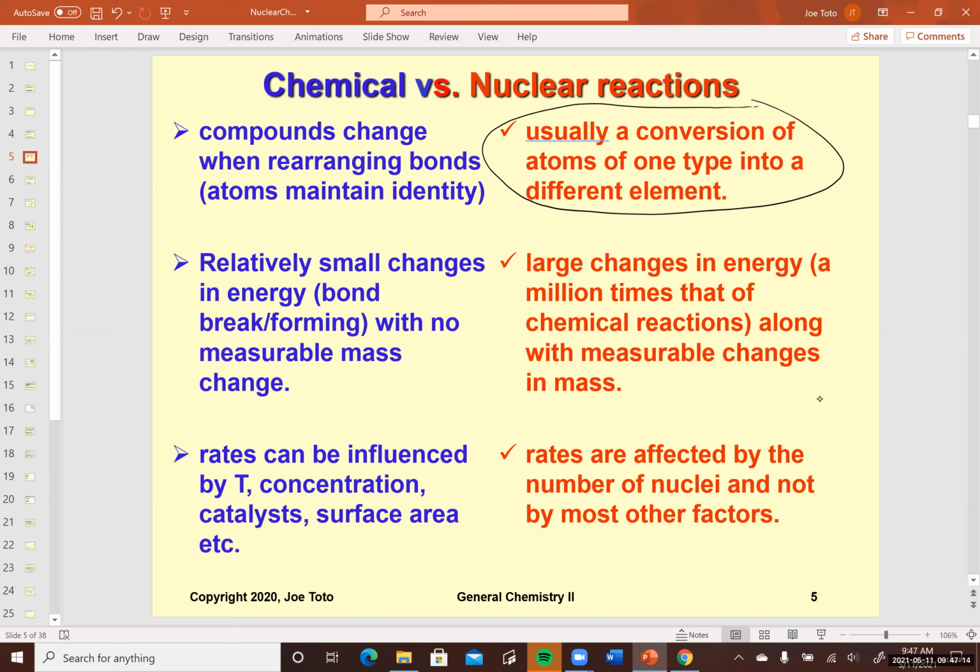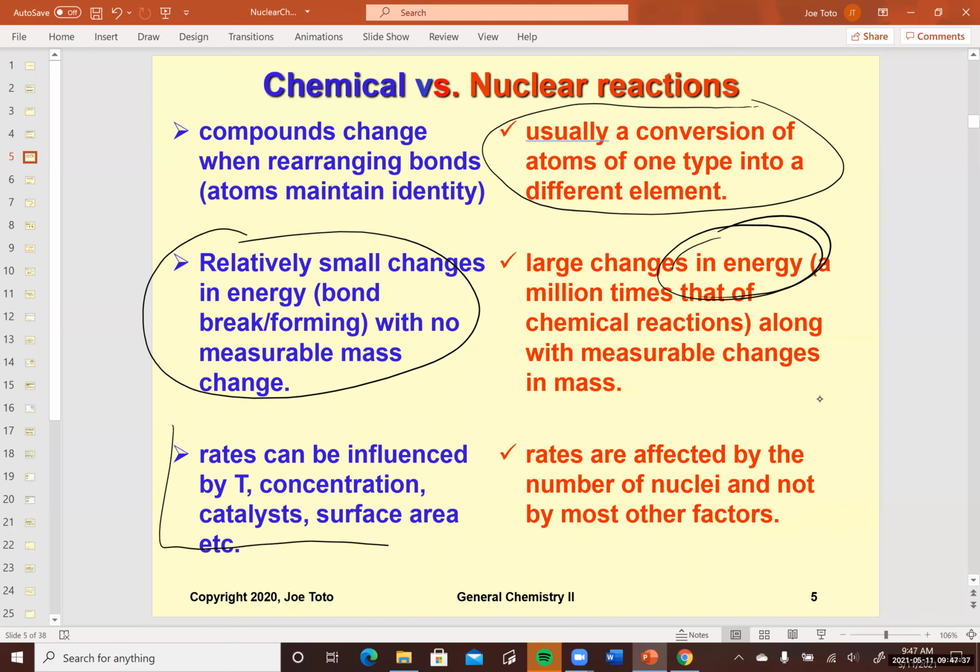The energies that are given off or taken in chemical reactions, like the exo- or endothermicity, are much smaller in general than the amounts of energy associated with nuclear reactions. So, millions of times in difference. And lastly, we studied the rates of chemical reactions when we first started the class, and we saw that rates of reactions depended on many things, like surface area, concentration, temperature, and so forth.